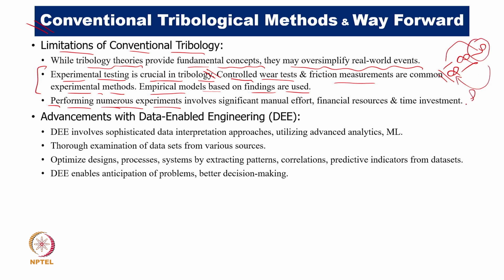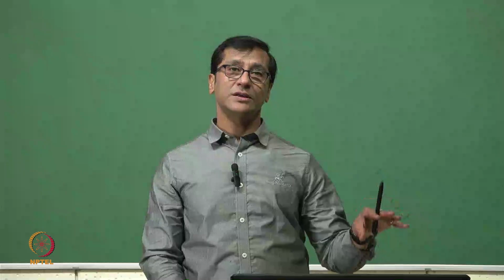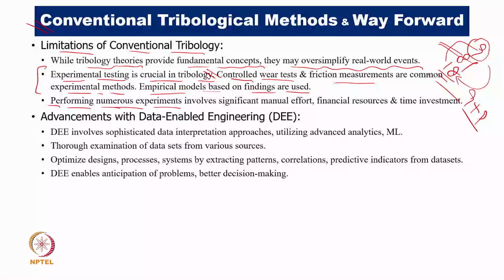That means we are going 9 plus 9, we are not rejecting anything. So in a very sequential manner we improve our results, and we cannot go directly to 81. Whatever we do initially we learn from and then modify, again do experiments, again learn and modify, and that is the approach we should adopt compared to conventional tribology.